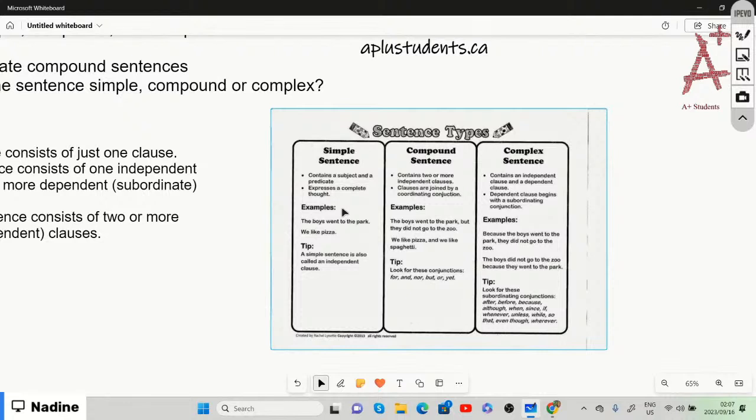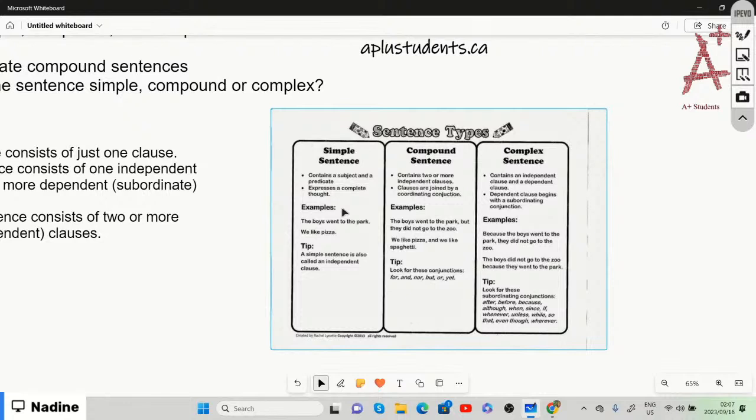An example of a simple sentence is: The boys went to the park. So the subject is the boys and the predicate is went to the park. We like pizza. So we is the subject, like pizza is our predicate.